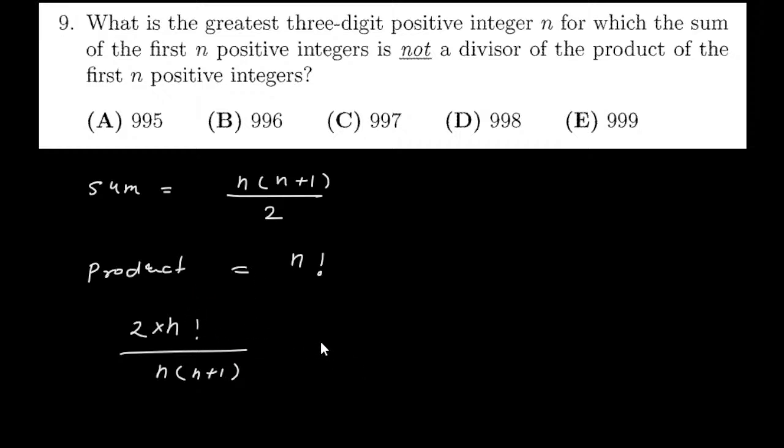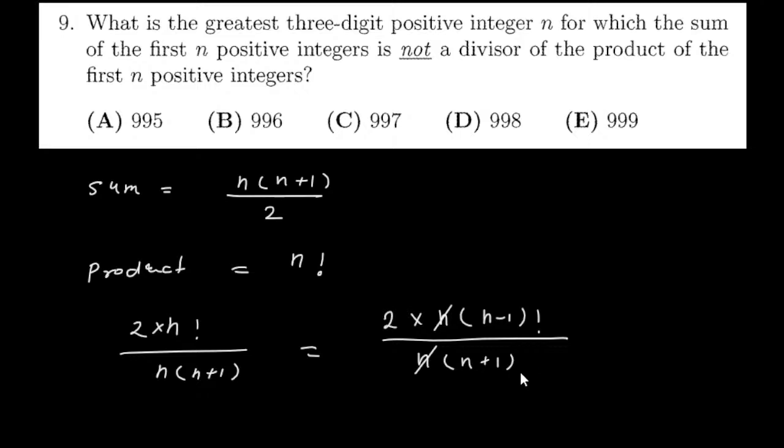First of all, you can see that 2 times n factorial I can write as 2 times n into n minus 1 factorial, and here it is n into n plus 1. So this n we cancel. Now I want n in such a way that 2 times n minus 1 factorial should not be divisible by n plus 1.